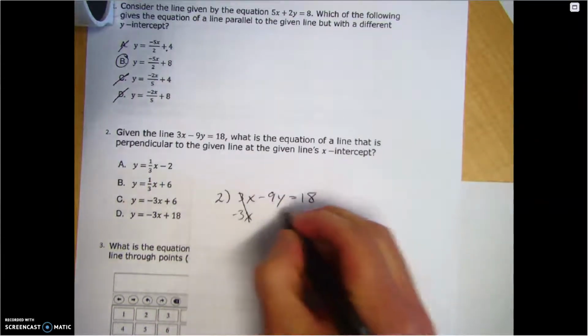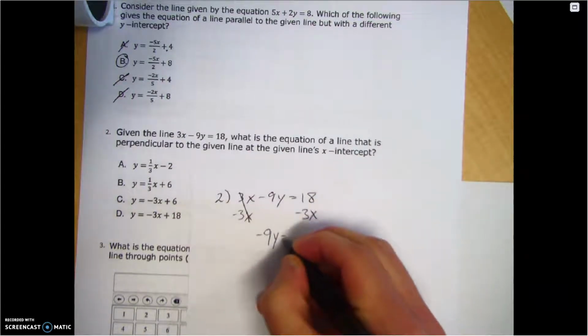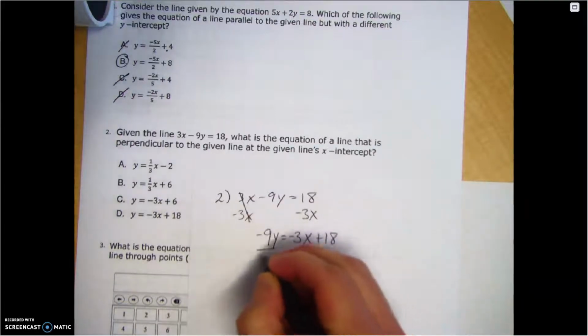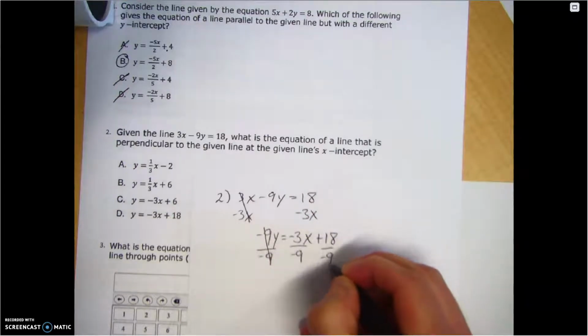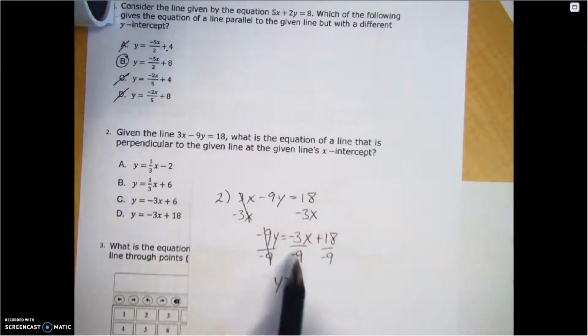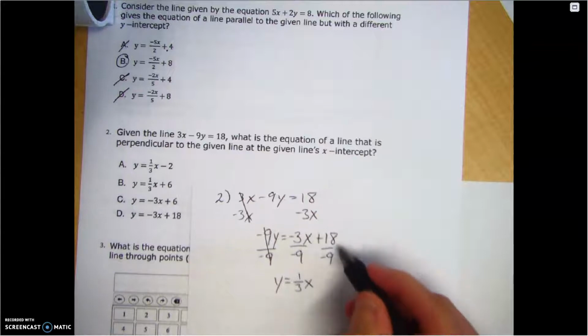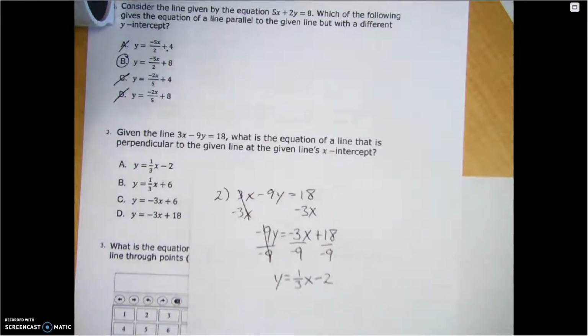So I'm going to subtract the 3x on both sides, and then divide by negative 9 on all three numbers. So I get y equals 3 over 9, negative 3 over negative 9 is just 1 over 3, x, 18 over negative 9 is negative 2.